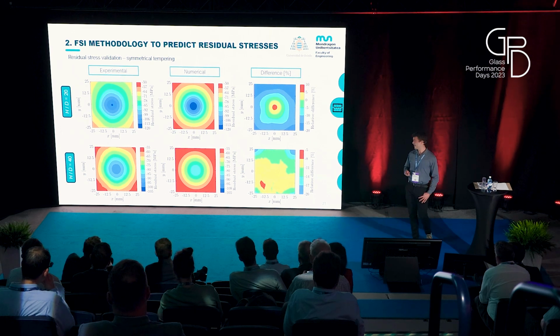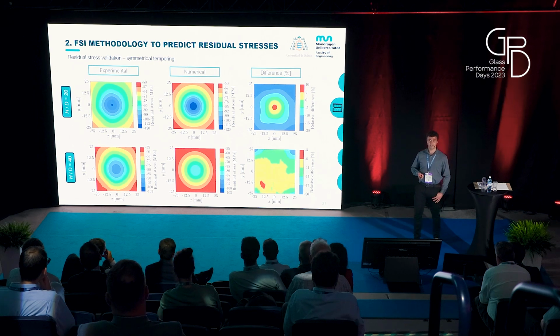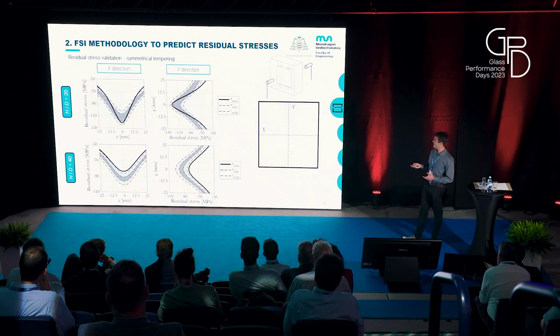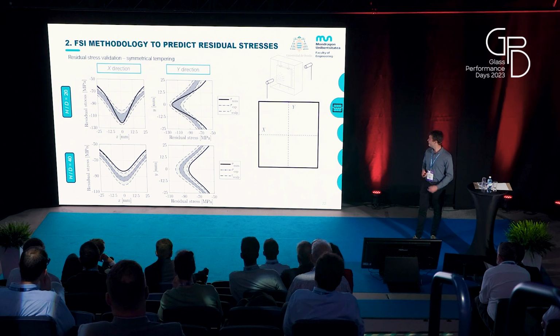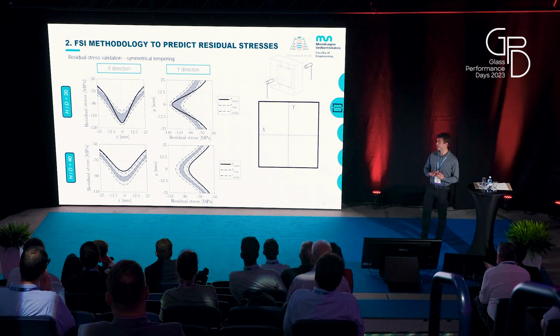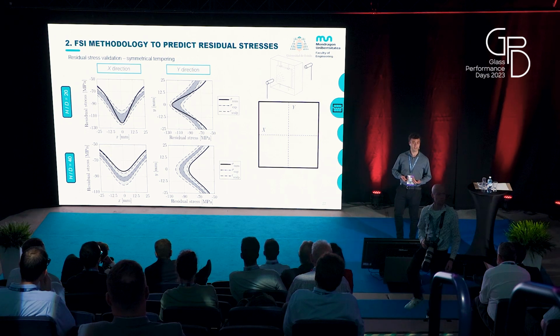So here we can see that predictions were more accurate on the stagnation areas of the jet, mainly in the center of the plate. And here we can see the residual stress distributions along the X and Y directions of the plate. The experimental measurement band was composed of the repeatability test and the uncertainty range of the SCALP device.